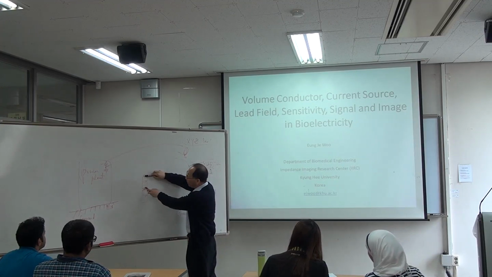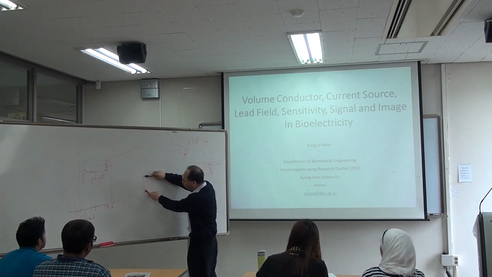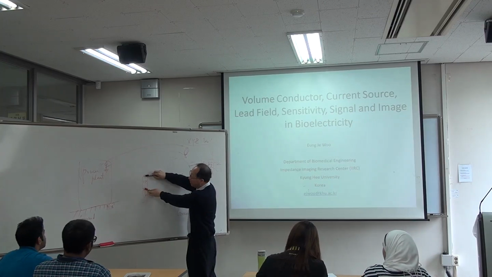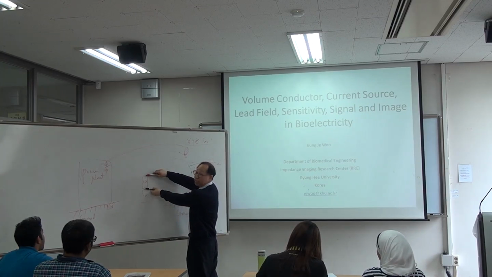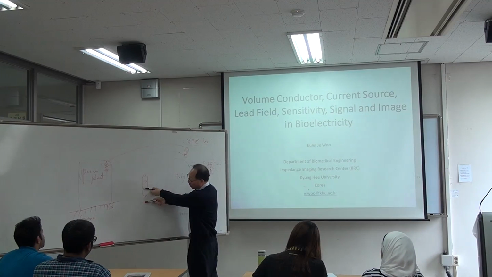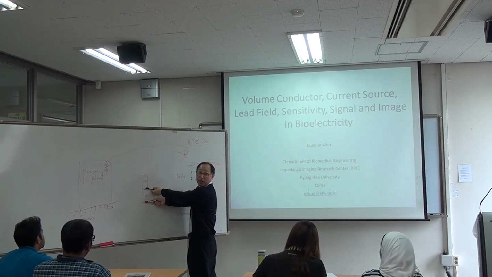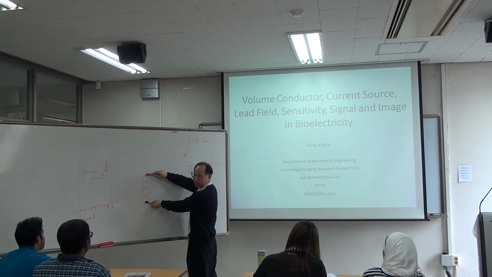So this point is 1.5 volt lower than this one. So I put my reference here and I measure voltage here. What's going to be the voltage? 1.5 volt. If I measure voltage down here, minus 1.5 volt.